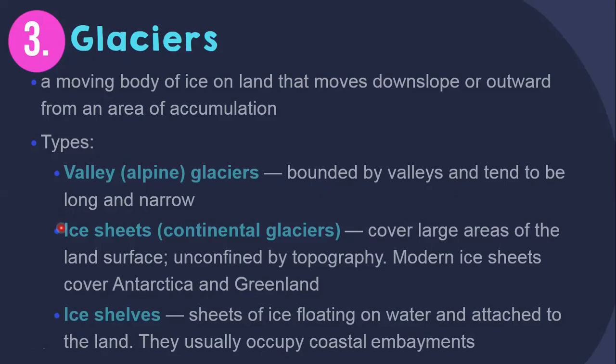Another type is ice shelves. These are sheets of ice floating on water and attached to the land. Ice shelves are usually occupied by coastal embayments, so near the oceans.